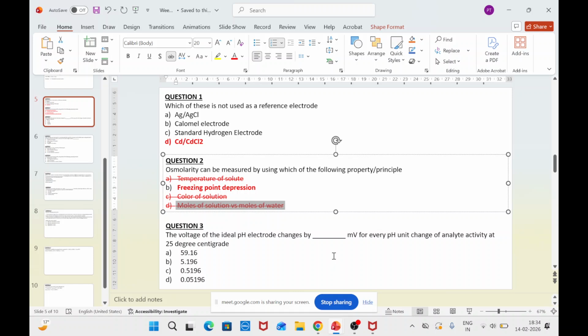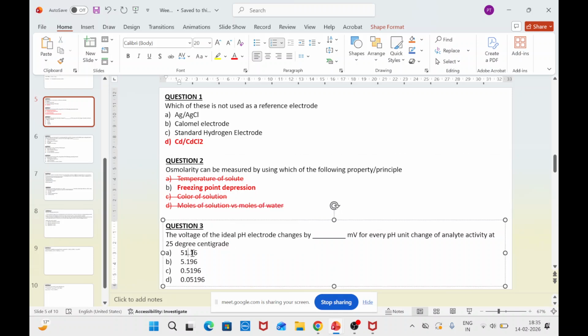So how many millivolts change will there be in the voltage for every single unit of pH change within the system? If you change pH by 1, how much difference will there be in the voltage? And this should be 51.96. Oh no, sorry, this is 59.16.